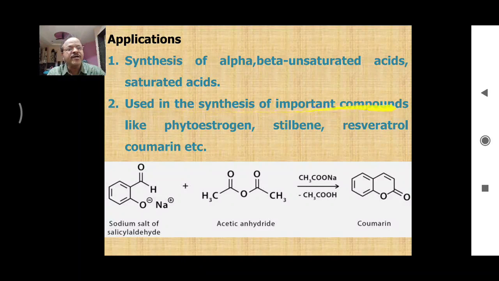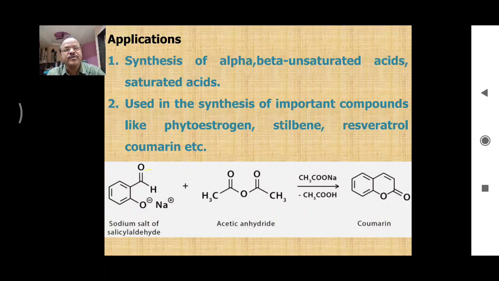Second, Perkin reaction is useful in the synthesis of compounds like phytoestrogen, stilbene, resveratrol, coumarin, etc. Here one example of synthesis of coumarin is given.